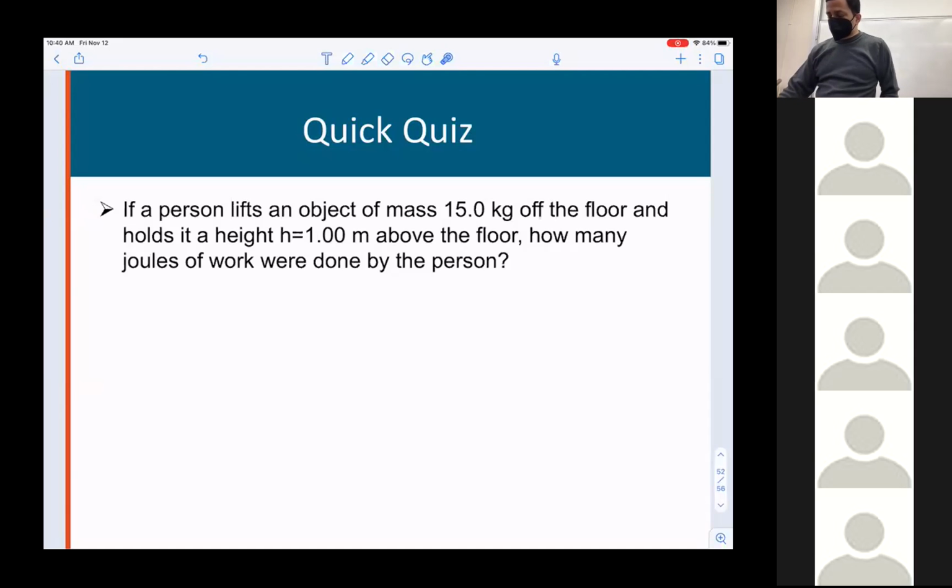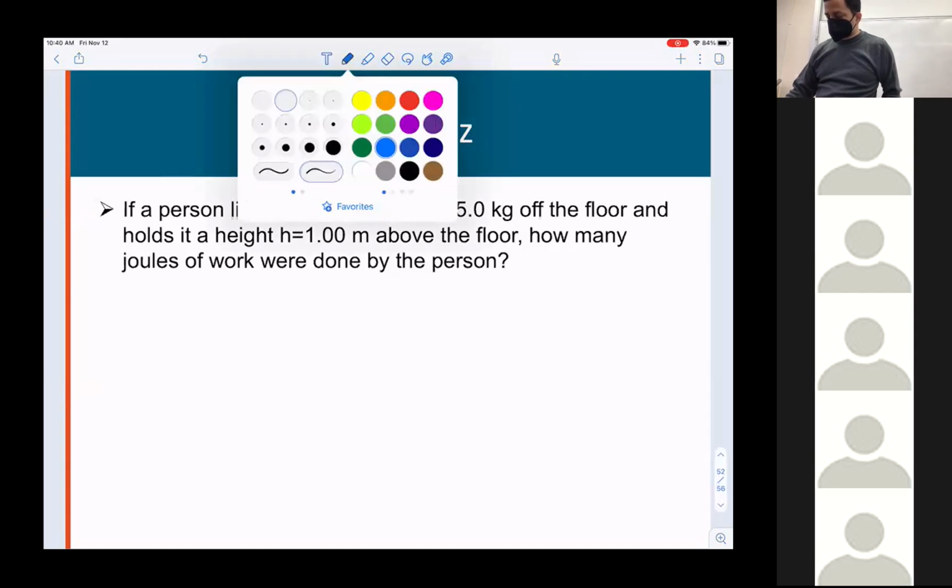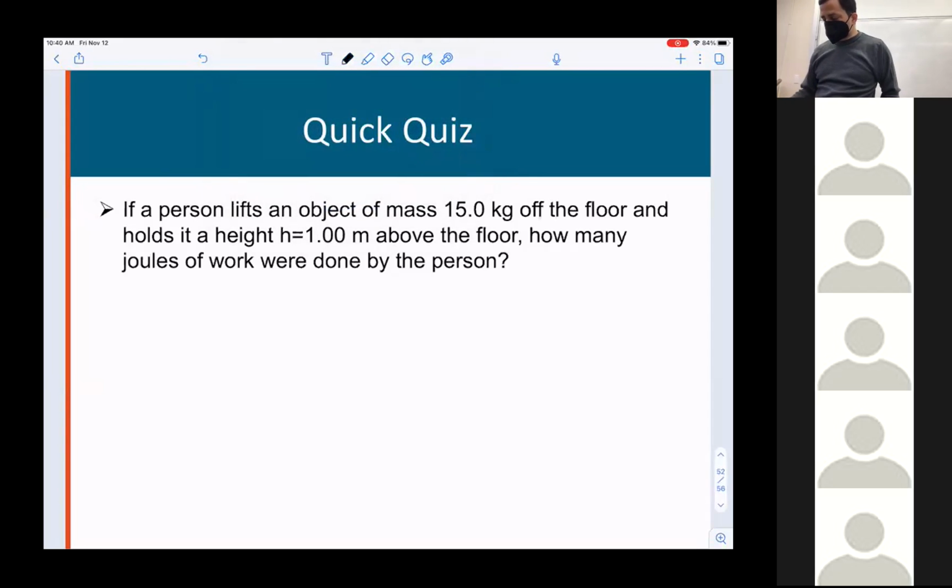And to give you a little head start in trying to attack this problem, again, I will remind you that the work energy theorem says that the net work done on an object is equal to the change in its kinetic energy, which in this case is 0, because this person has lifted the pendulum that was at rest on the ground, and then they hold it up 1 meter above. Again, it's at rest.